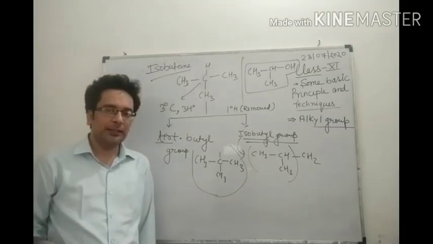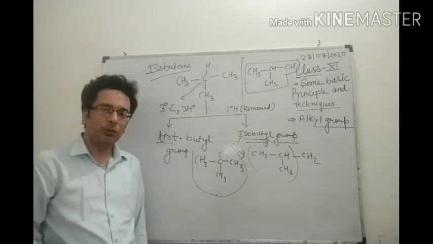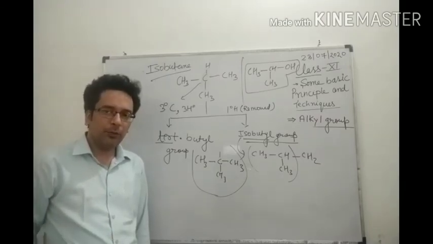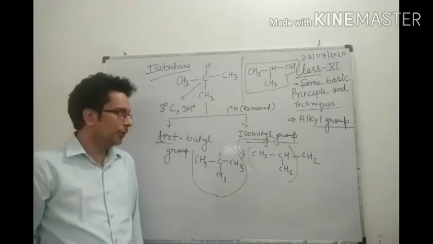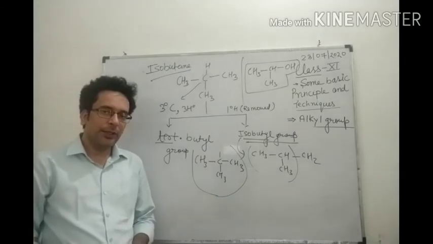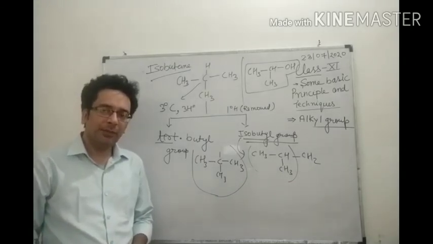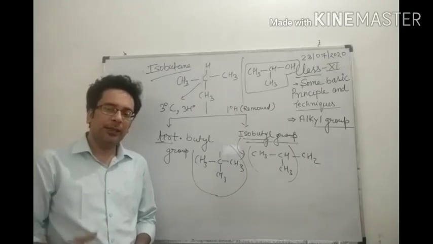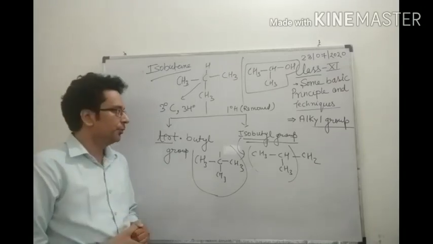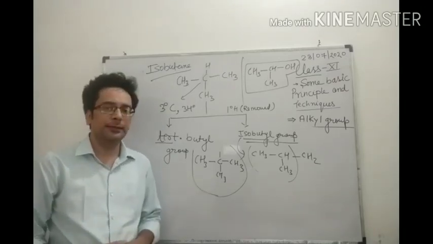Draw the structure of the following: secondary butyl group, tertiary butyl group, normal propyl group. In the next video, we will learn IUPAC nomenclature, that is, the naming of organic compounds, which is very, very important. So all of you do the practice on this. Thank you.